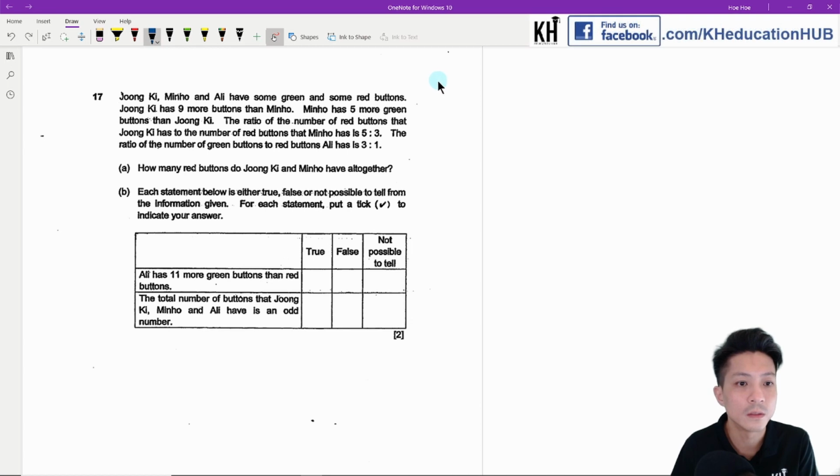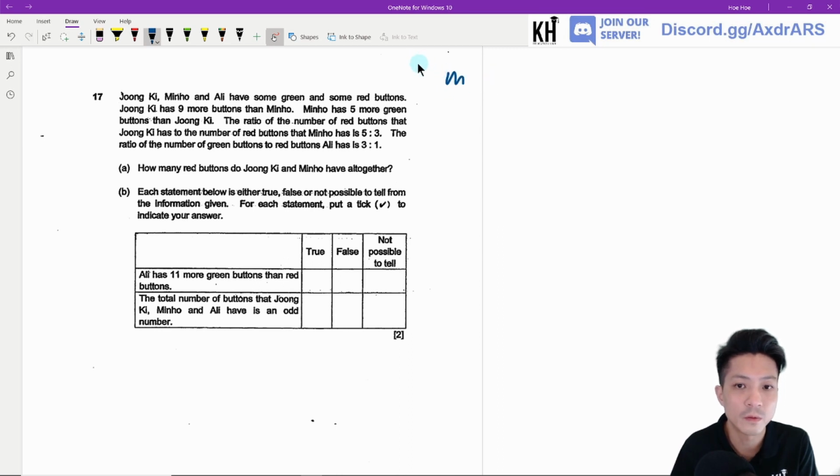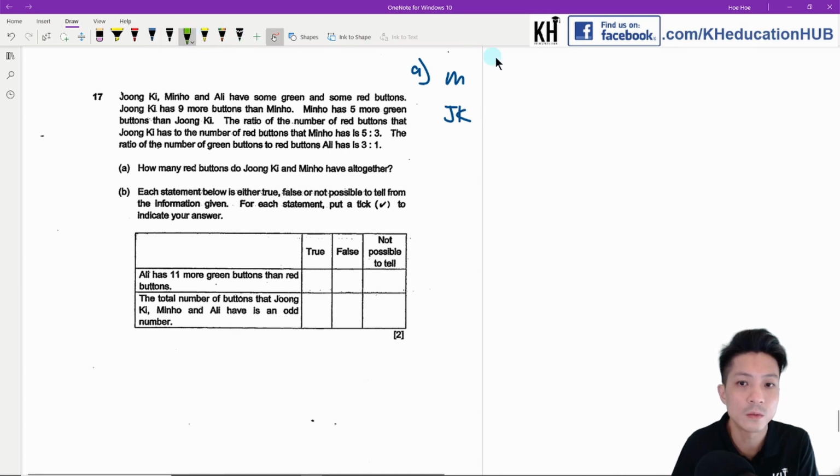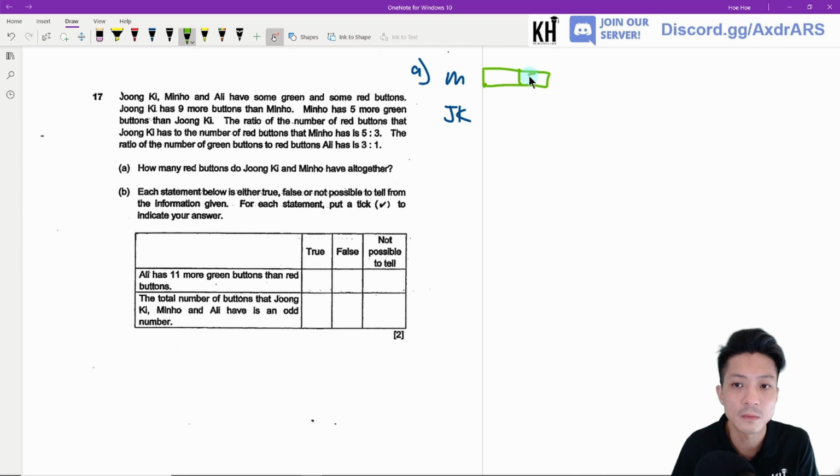Green and red. It's 9 more. Okay, for part A, Minho has 5 more green, so I'm going to draw a random block. Right, 5 over here, like this.